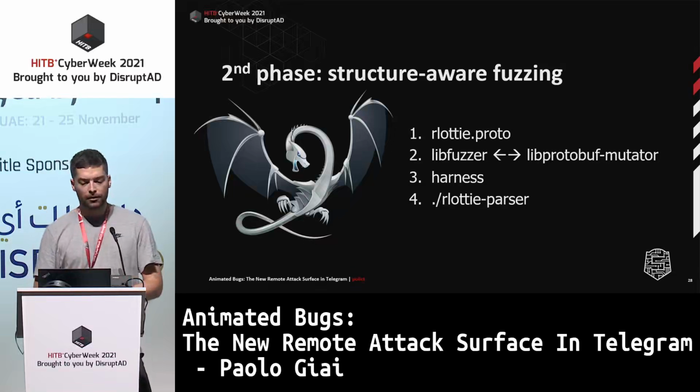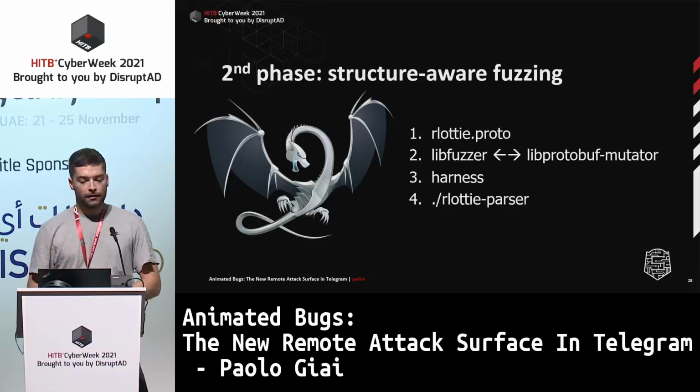The Arlotti proto, which is the protobuf definition of the Arlotti specification. Then, thanks to this grammar, we create an animated sticker from scratch. Then we pass this to libFuzzer in order to pass it in turn to the mutator, which will mutate it in a useful way.